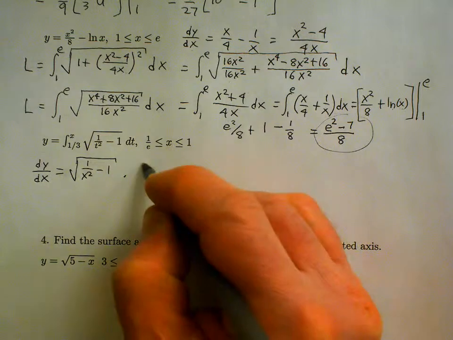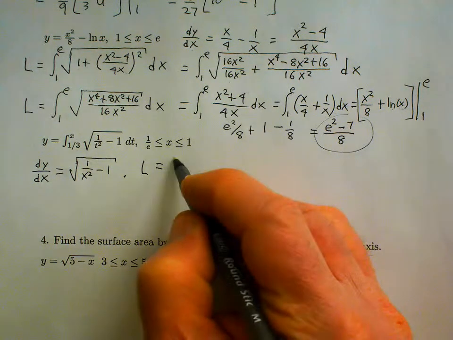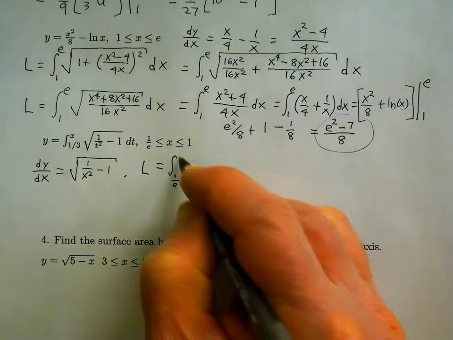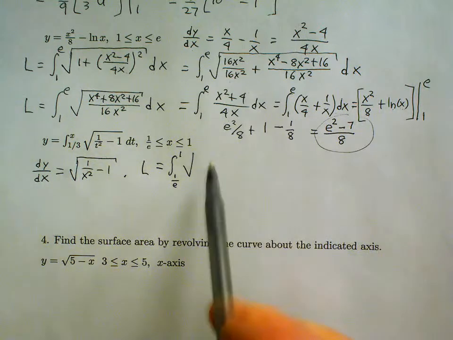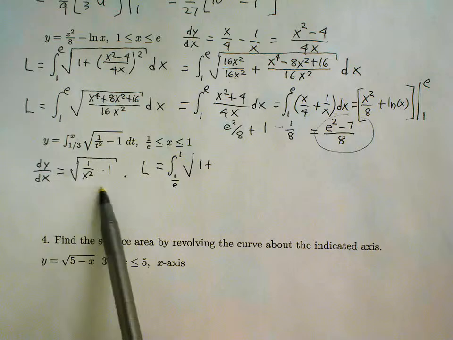Okay, so the arc length will be the definite integral from 1 over e to 1 of the square root of 1 plus the square of the derivative.